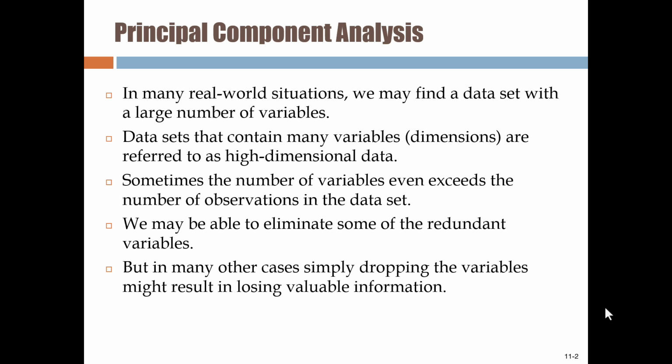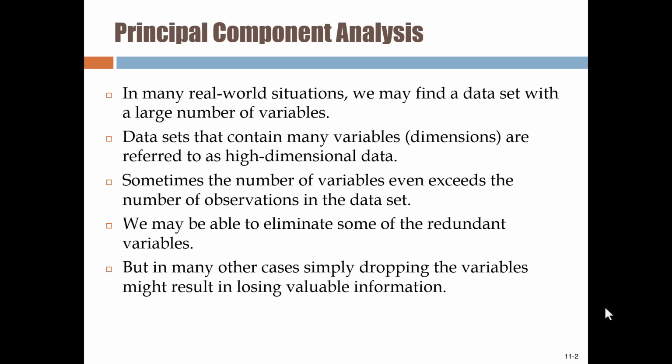So in some cases we want to reduce the number of variables. Still, when you drop a lot of the variables, you lose accuracy also. So can we minimize the number of variables and at the same time increase my accuracy, right?